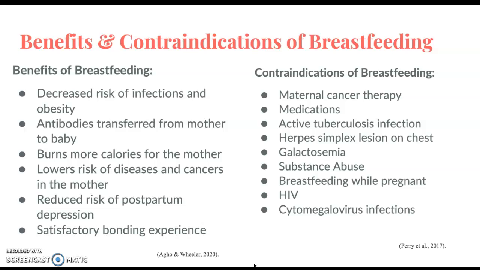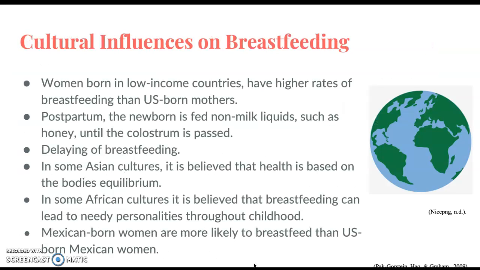Galactosemia is when a baby is unable to process the sugars within milk, so they're unable to be breastfed. If the mother abuses any substances, breastfeeding while pregnant can lead to uterine contractions causing premature births, HIV, which can be passed from mother to baby, and the cytomegalovirus infection, which can be passed through the breast milk to baby.